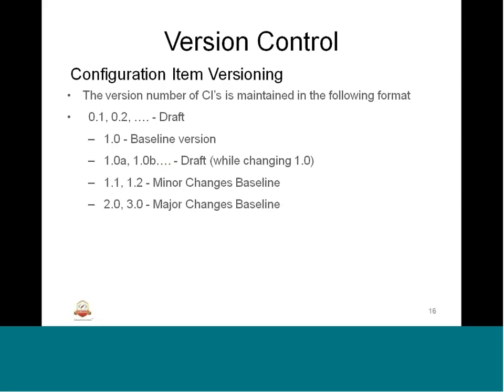Any intermediate versions we are going to keep track of in 1.1, 1.2, etc. Major changes or major baselines will be done with the help of higher increments such as 1 to 2.0, 3.0, or 10.0, 20.0, etc. It depends on the project nature, complexity, and the release mechanism.